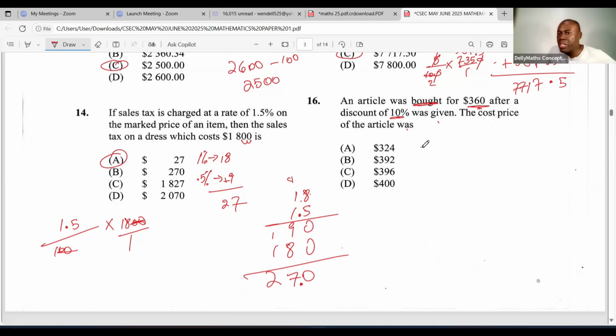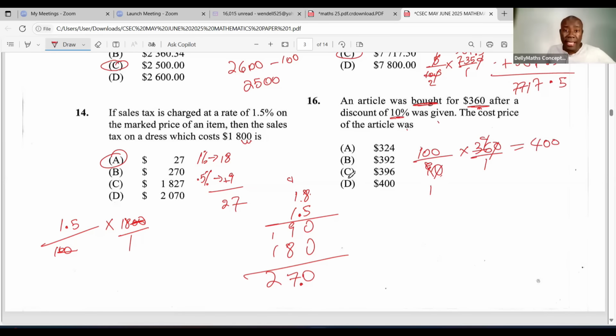You reciprocate it, put the 100 at the top over 90 times this. In other words, you divide by 90, because this is 90%, and then times by 100. Cancel this into this, it's 400. So you could check it for yourself.